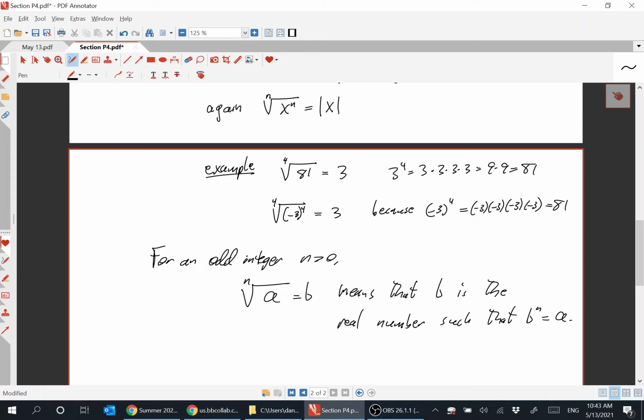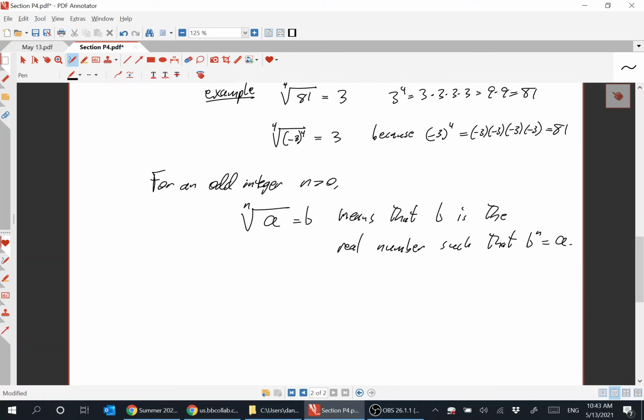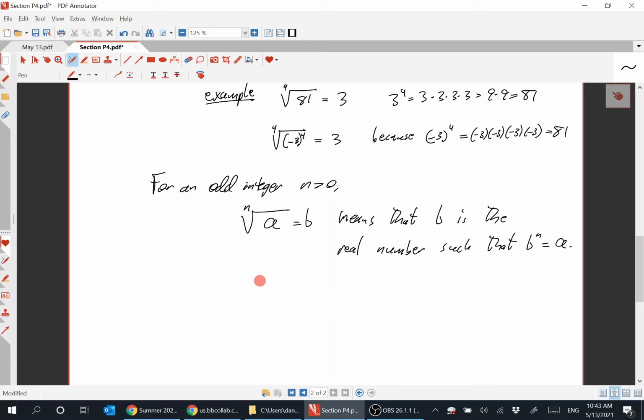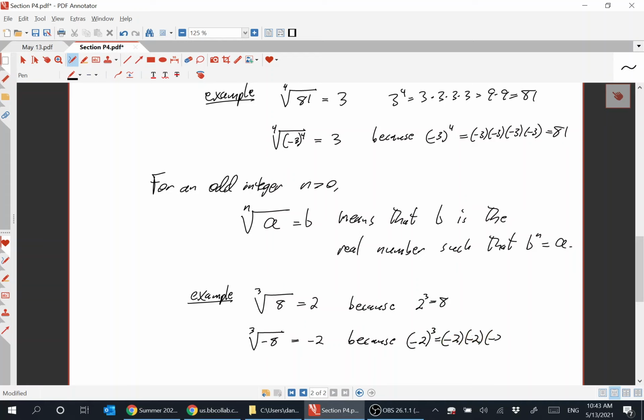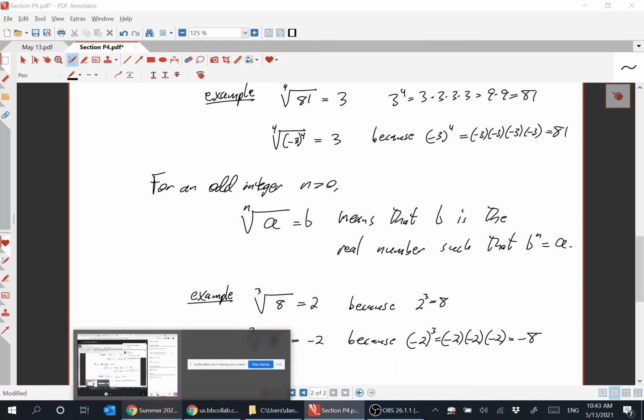Now there is no problem with distinguishing between the positive and the negative when n is an odd power. The third root of 8 is 2, because 2 to the 3 is equal to 8. The third root of negative 8 is equal to negative 2, because negative 2 to the third is minus 2 times minus 2 times minus 2, which is minus 8.